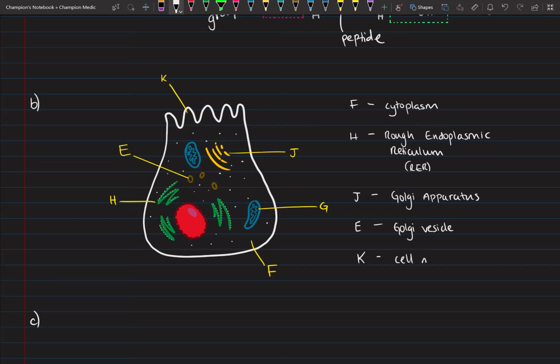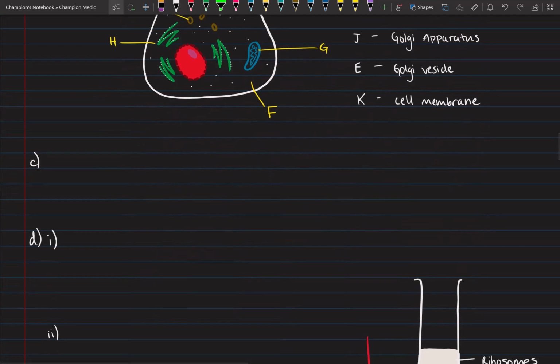From there it is transported out of the cell into the body by exocytosis. You'll notice G isn't involved because that's the mitochondrion. So that isn't involved at any point of this process. The mitochondrion is purely there for aerobic respiration, for which an amino acid isn't needed.